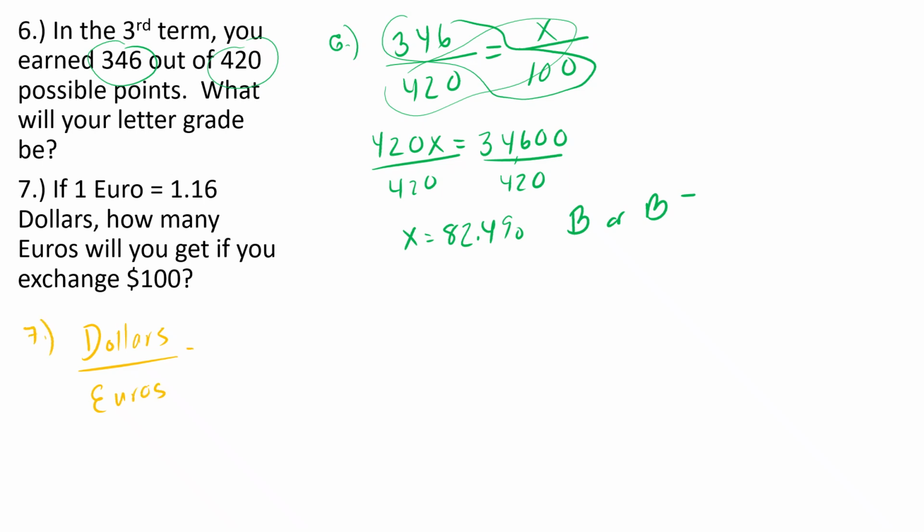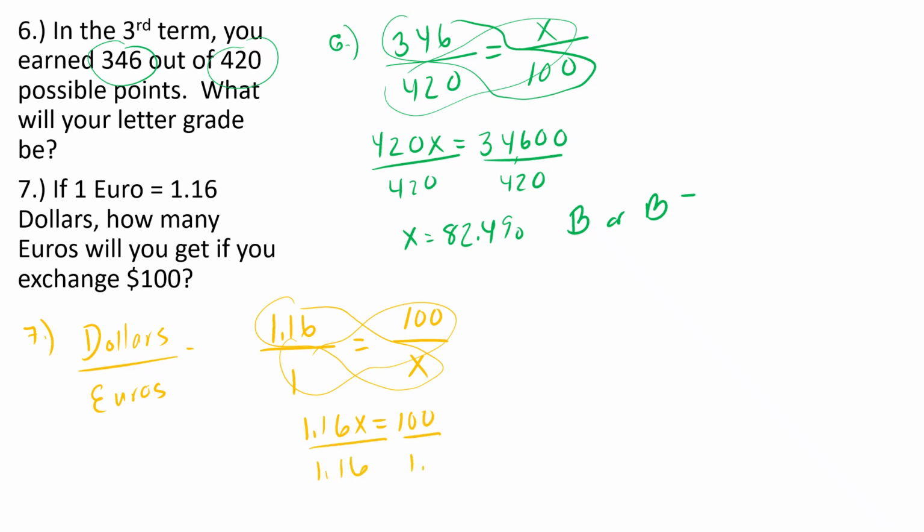So we're going to put $1.16 is €1, and we are exchanging $100, and we want to know how many euros that is. So 1.16 times x is equal to 100, divided by 1.16.